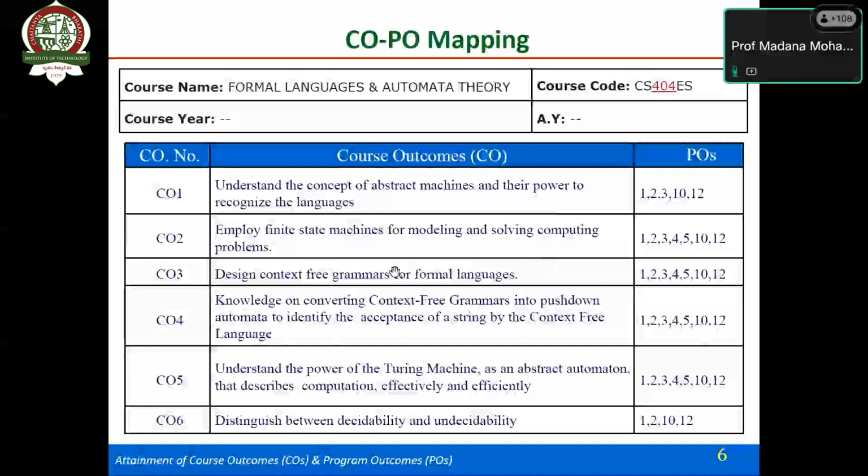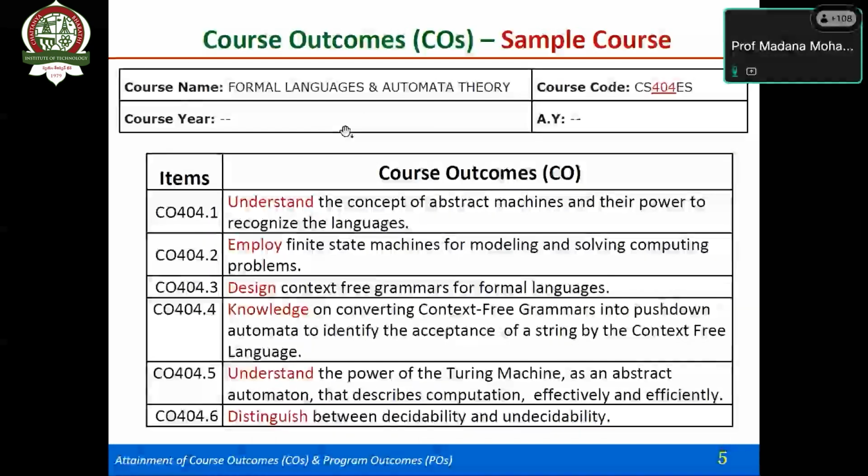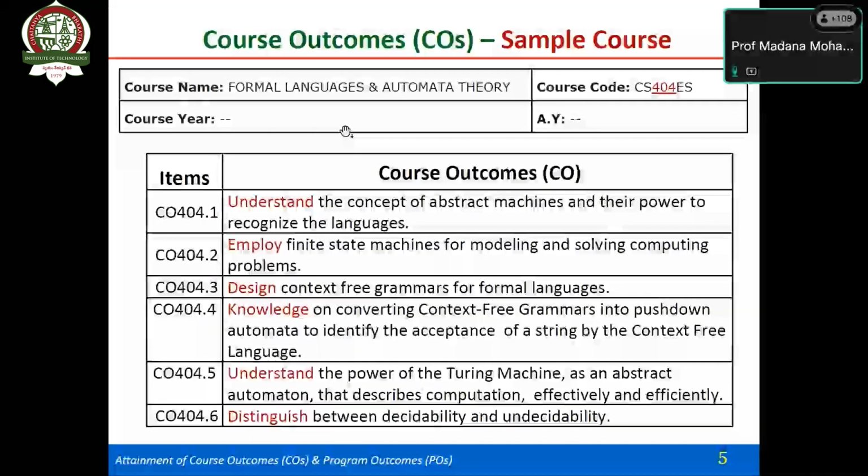Then finally the 12th one, lifelong learning. This subject is very important for higher education like GATE. Whatever they studied, with advancement, will continue throughout their career whenever they pursue their higher studies, etc. That's why it is lifelong.